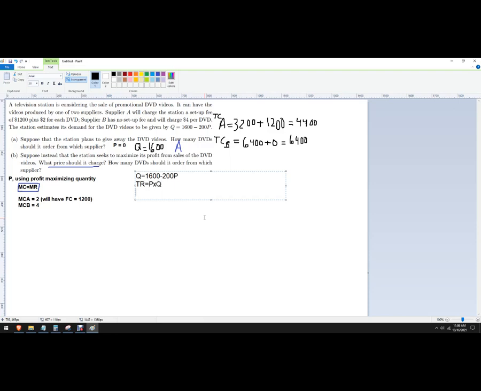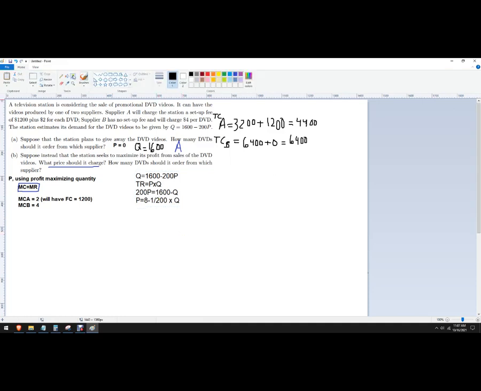So rearranging this to get what's called an inverse demand curve, we want 200p equals 1,600 minus Q, and then divide all the way through by 200, so it would be P equals 8 minus, you can write this a couple different ways, I'm going to write it as 1 over 200 times Q.